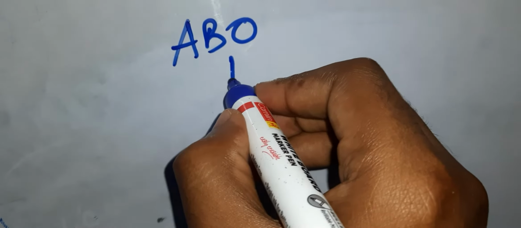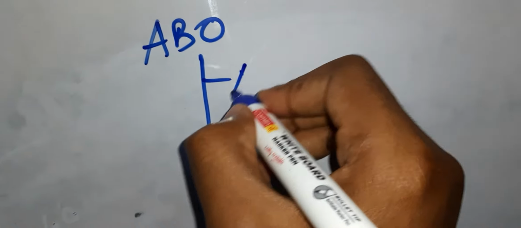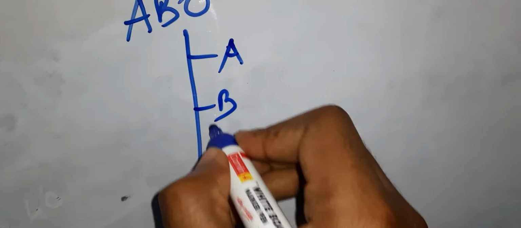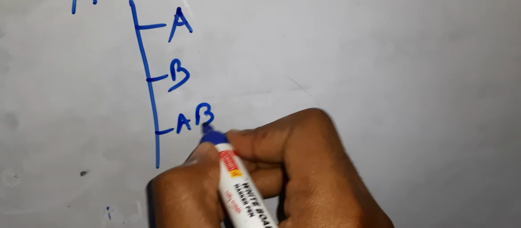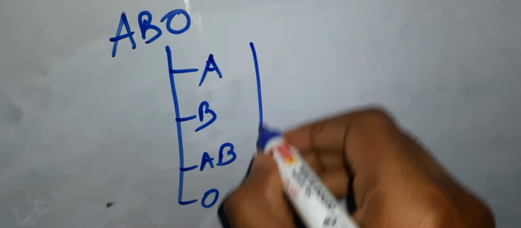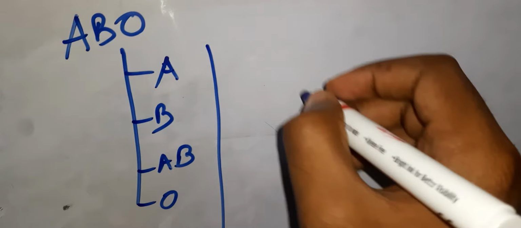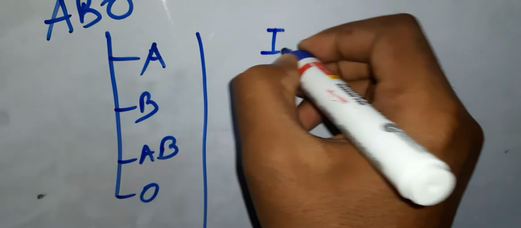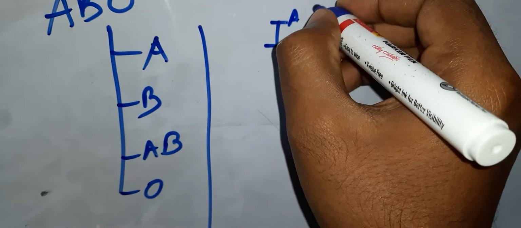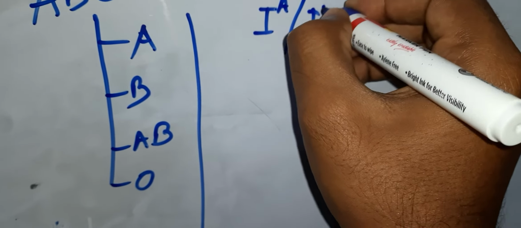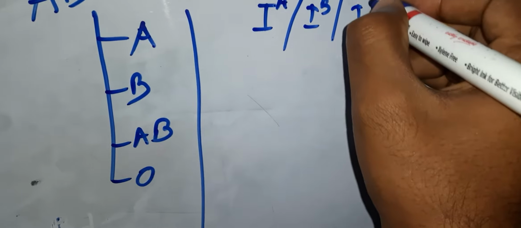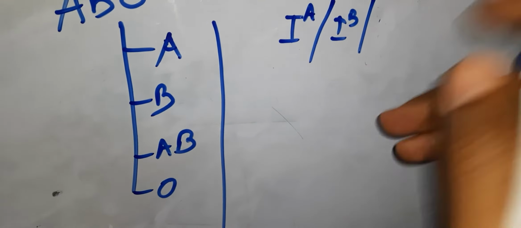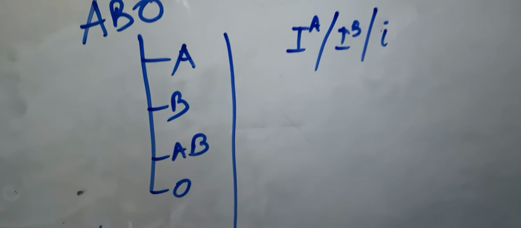In this case, 4 types of blood group can be seen, that is A, B, AB and O. These 4 types of blood group are the product of 3 alleles, that is IA, IB and IO, or sometimes small i.